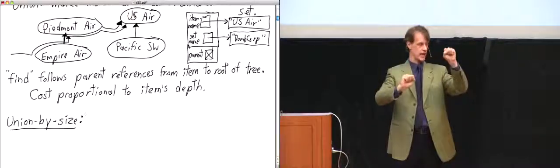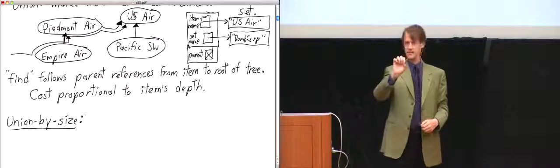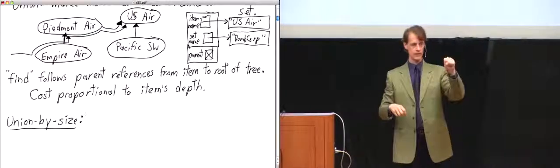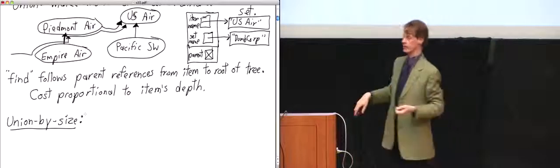I have two choices I can make. So what I'm going to do is always have the bigger set's root stay the root. The smaller set's root is going to become a child of the root of the bigger set.